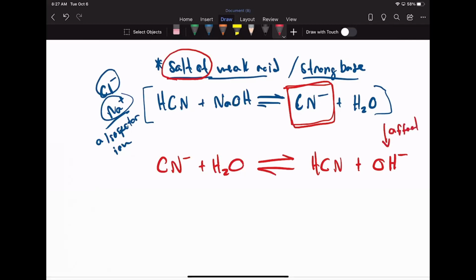This will affect pH. So this is the reaction that we're going to use for our ice table and any calculation we need. If we're doing a salt of a weak acid, salt of a strong acid, we don't use this one. I'll even write it again: do not use for ice table or anything else.